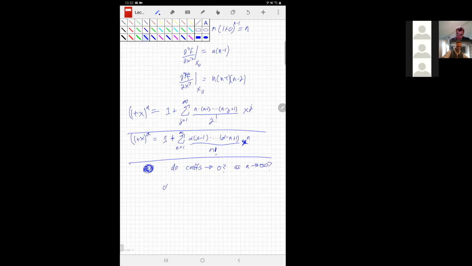So we've got alpha times alpha minus 1 dot dot dot to the alpha minus n plus 1 over n factorial.